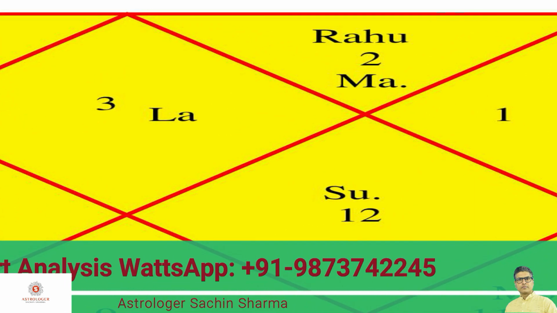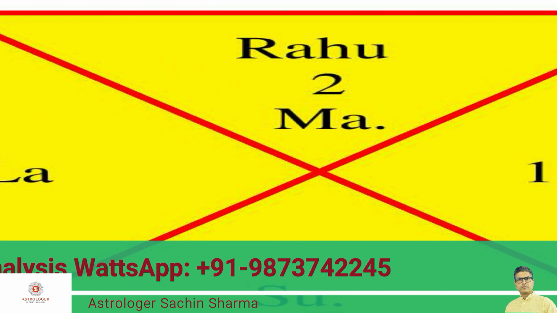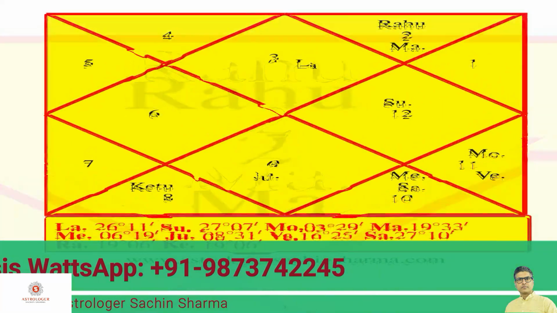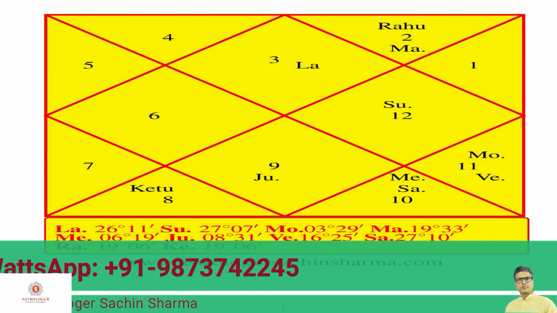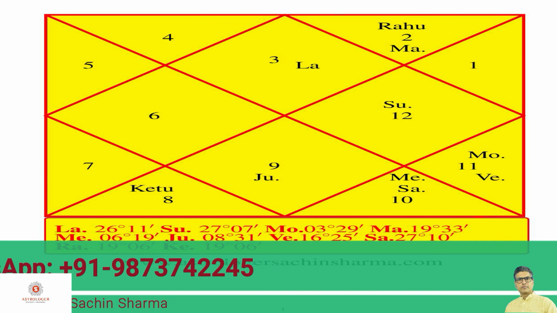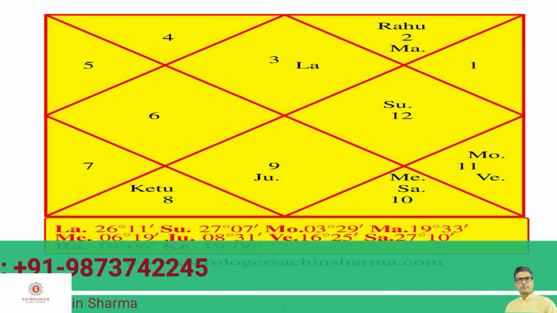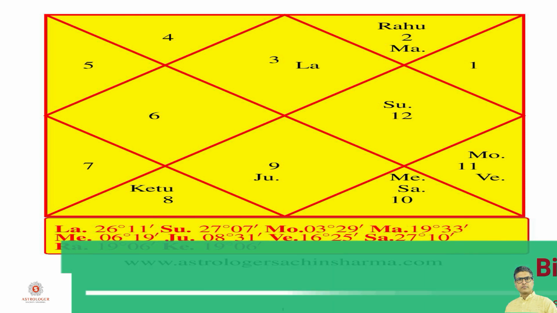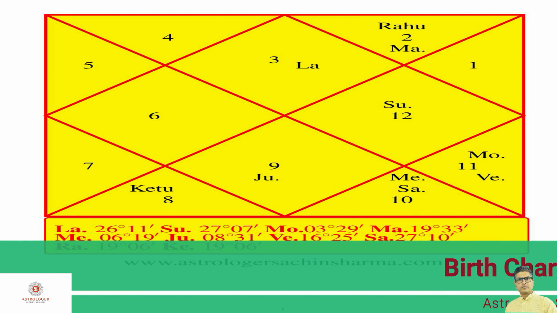It is the main karaka of our foreign travel. Hence the 12th house represents moksha, foreign trips, and seclusion from life, and here the lord of the 12th house is Venus. As we have already discussed, number 2 is written in the 12th house, and hence Venus is the lord of the 12th house.